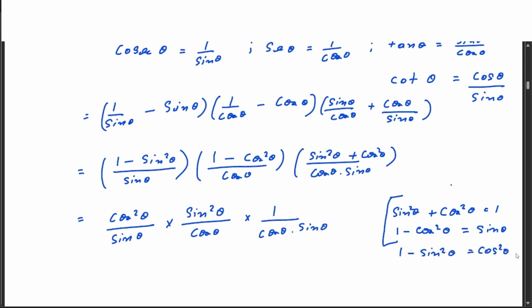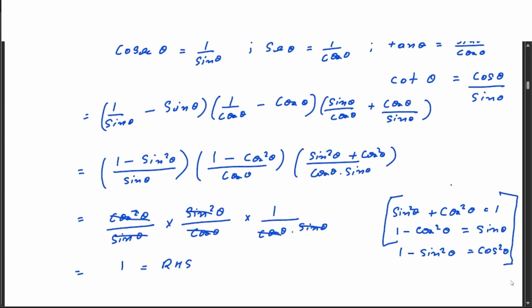Make sure you understand how I follow this identity. So this cos and this cos get cancelled, and same way this sine and this sine get cancelled. So we will get 1, which is equal to RHS. Hence it is proved.